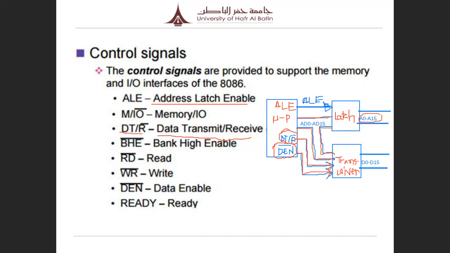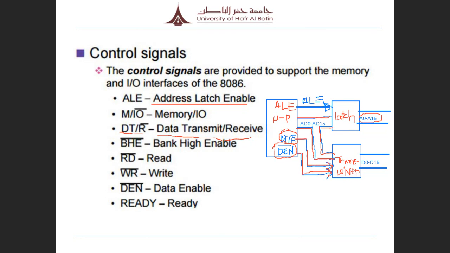The ALE signal is high to activate the latch, and the address information passes to the output of the latches, and it becomes completely address information. Then the ALE signal goes low to deactivate the latches.